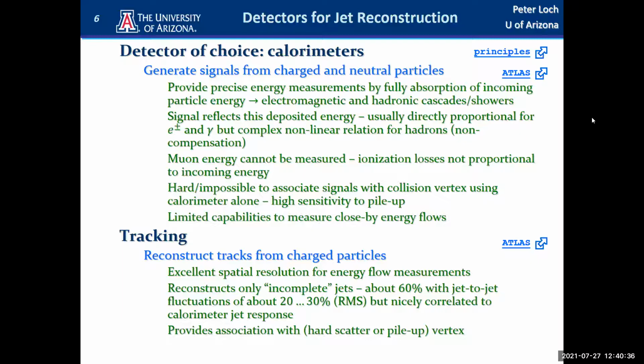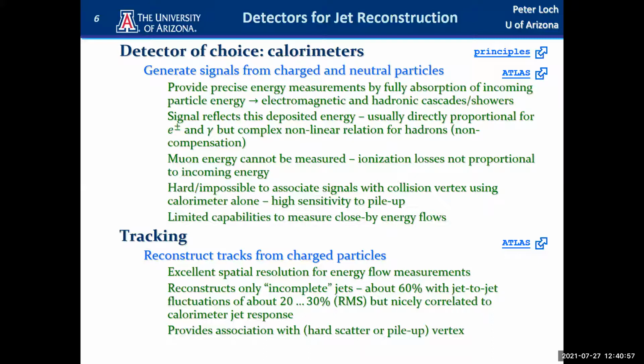So these things disturb the energy measurement because we don't have full absorption. But it's always a good idea to make sure that whatever ends up in the calorimeter is well measured, and then develop strategies to recover the losses that are outside of the calorimeter.